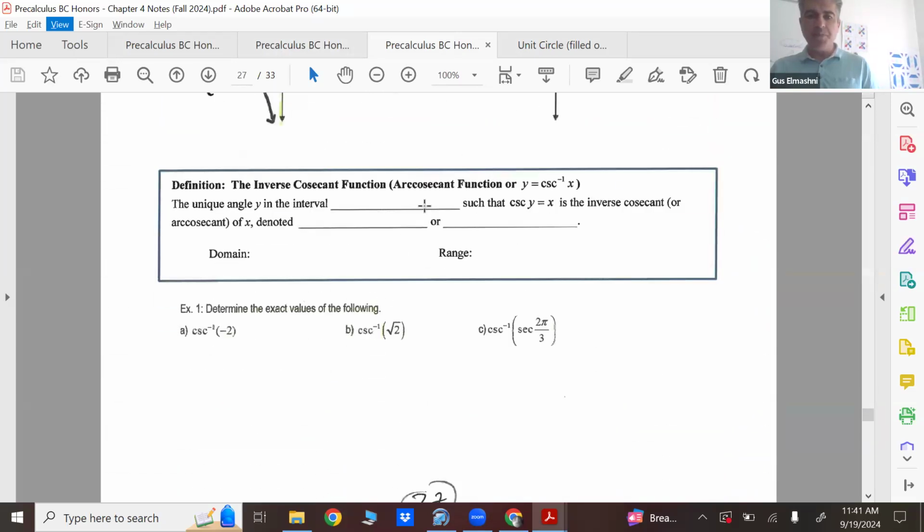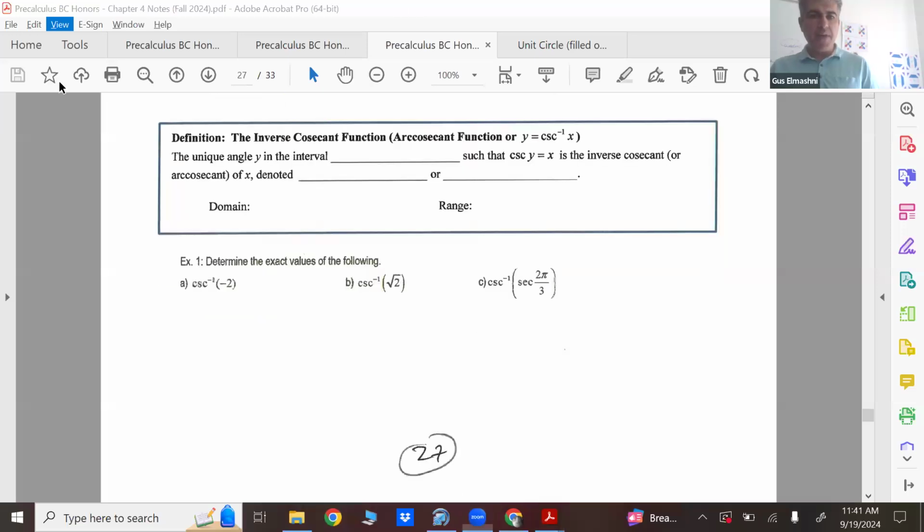Before we do that, let's fill this out. So again, unique angle y in the interval. I wonder what's meant by that. Well, y equals, the domain again was from negative infinity, and the range was this.